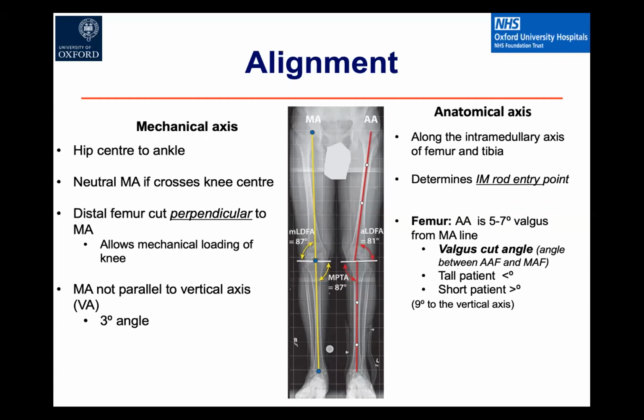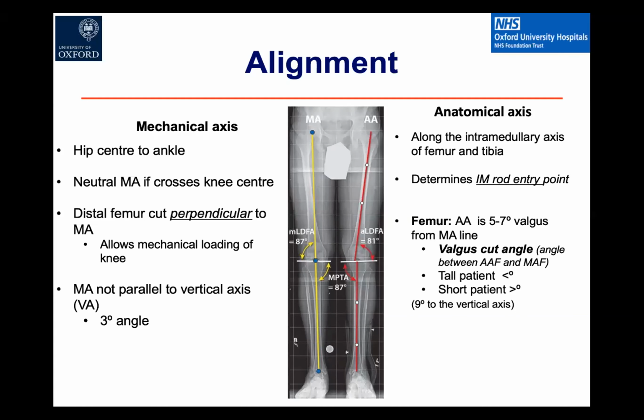If you look at these two diagrams in the red here, your valgus cut angle, which is defined as the angle between the anatomical axis of your femur and the mechanical axis of your femur, is around 6 degrees on average. If you're a very tall person, this is much less, around 4 degrees.